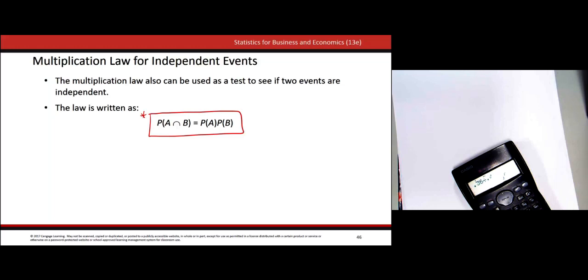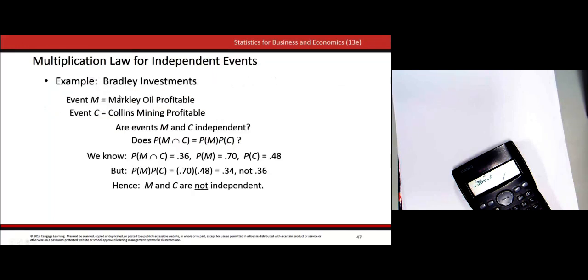Now we can check, are events M and C independent? How do we determine this? We multiply the probability of M times the probability of C. If they are independent, this must equal the probability of M intersect C, which is 0.36.